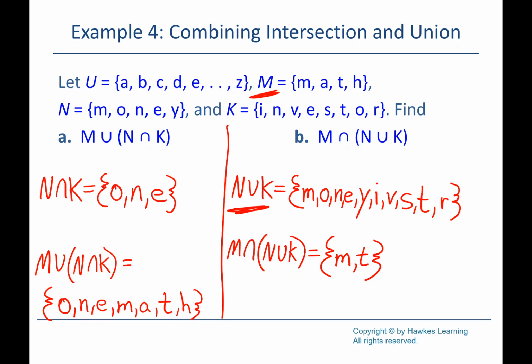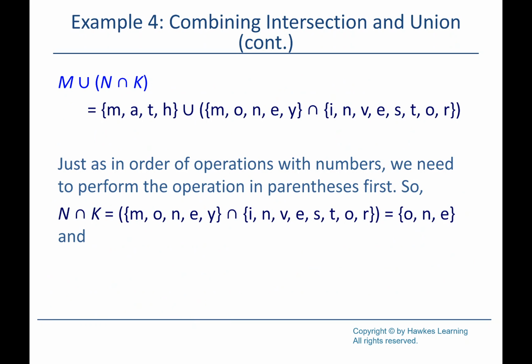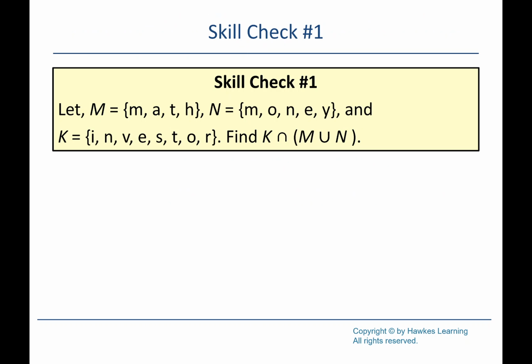One situation we haven't talked about yet is this. What if we had two sets and we wanted to find their intersection, but they did not have anything in common? And that's a special case. And what we say about those two sets, when there's nothing in the intersection, is we call those sets disjoint.